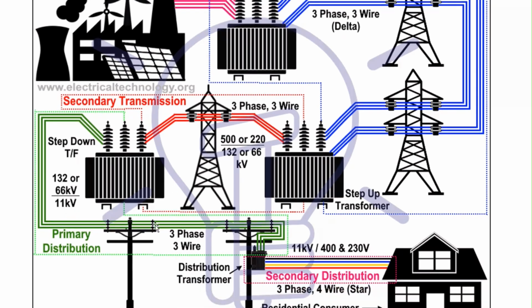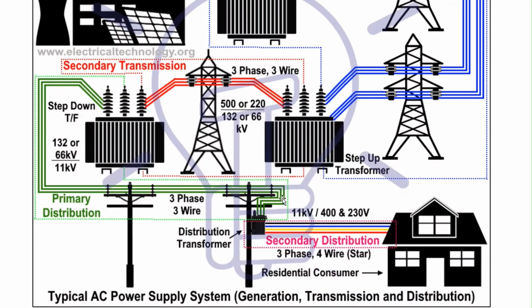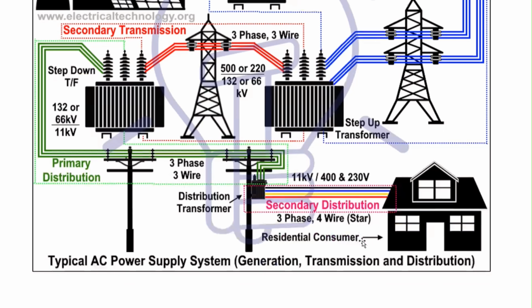And now this 11 kV line runs across different areas or different industries, and from there it is brought down to 415 volt in India. Here it is written 400 volt. It is brought down to 415 volt and 230 volt.